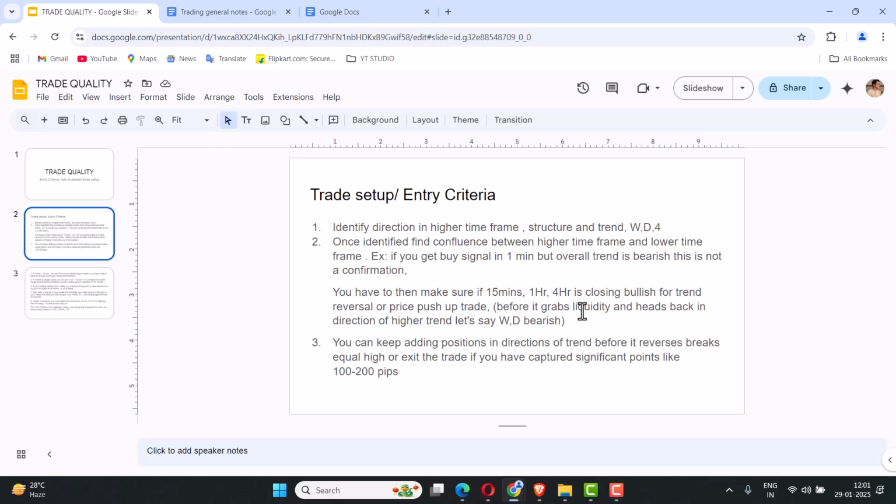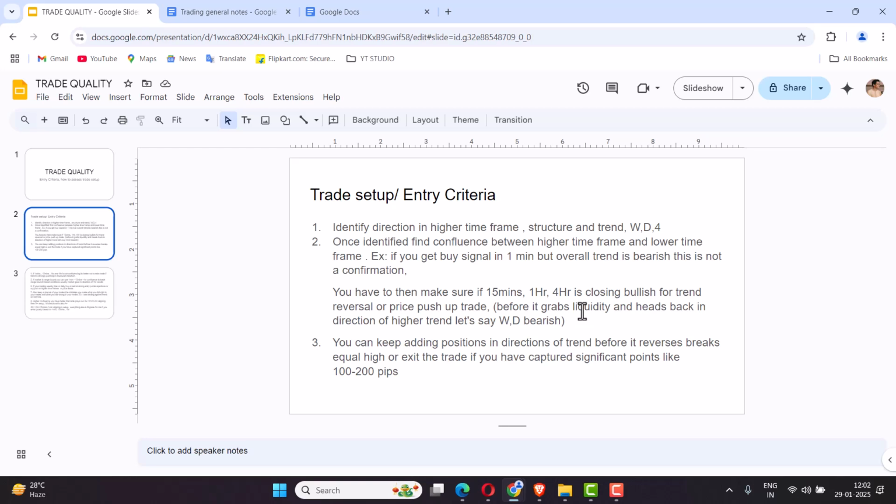The weekly and daily show you the structure, which is basically the way the market is set up and which direction it is pointing towards, and the 4 hour gives you the trend. Not the structure. Yeah, you can break it down again, but as you drill down from daily into 4 hour, it gives you the trend.